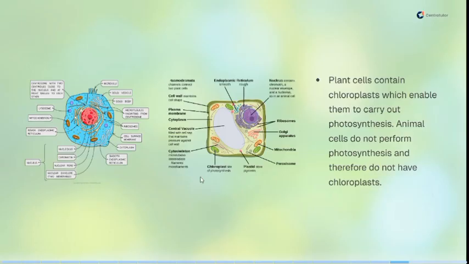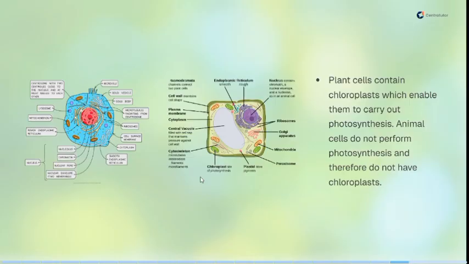Here are some of the components found in plant and animal cells. For the plant cell, we can see rough endoplasmic reticulum and smooth endoplasmic reticulum, nucleus, ribosome, Golgi apparatus, mitochondria, peroxisomes, plastids, chloroplast, cytoskeleton, central vacuole, cytoplasm, plasma membrane, cell wall, and also plasmodesmata.